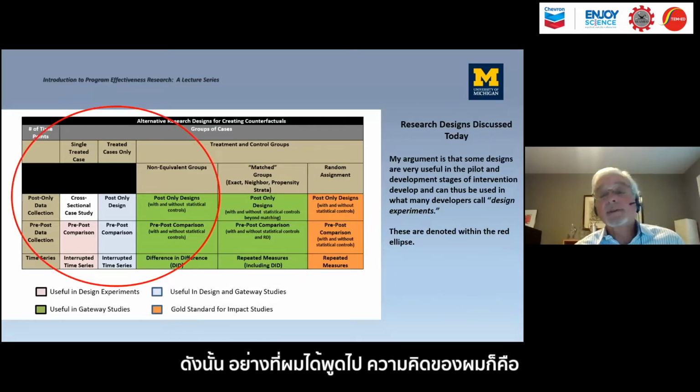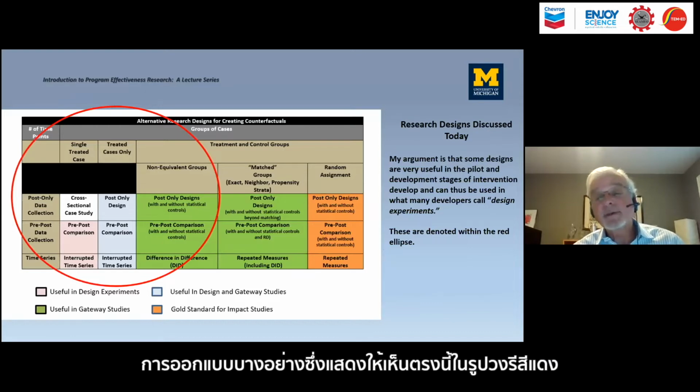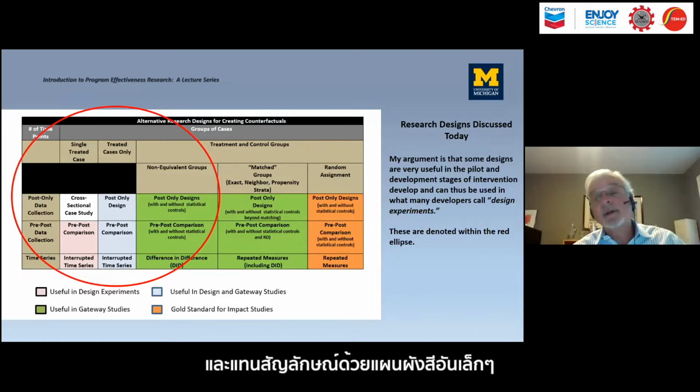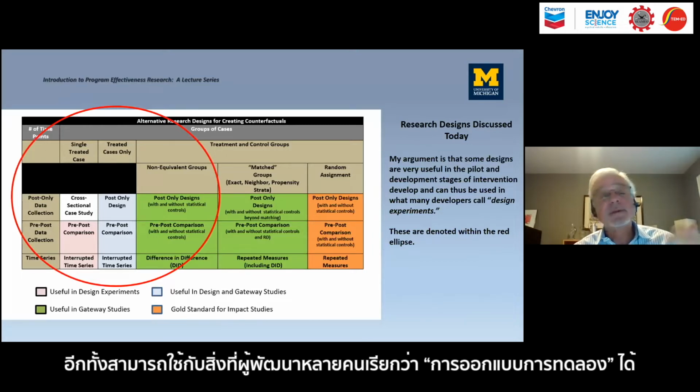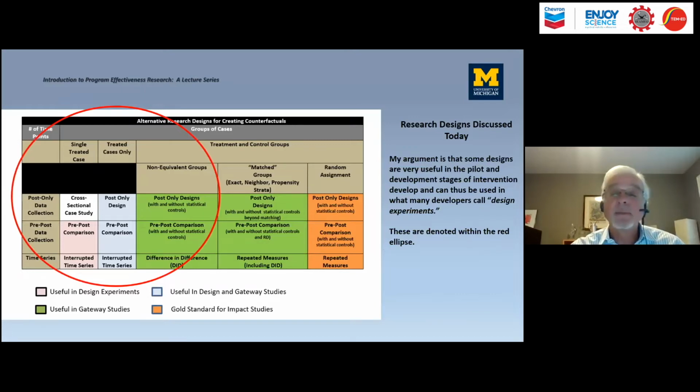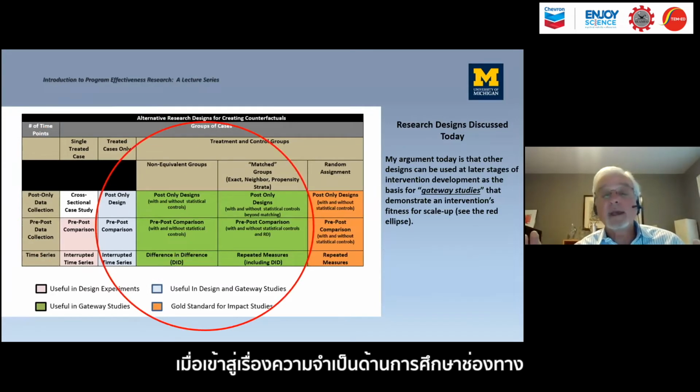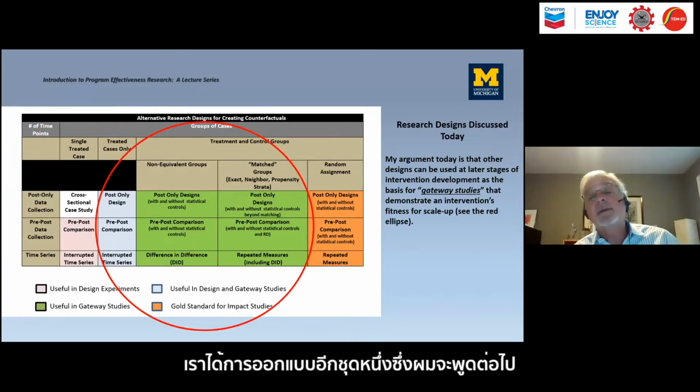So as I discuss it, my thinking is that some designs, which are shown here in the red ellipse and denoted by my little color scheme, are very useful in the pilot and development stages of intervention development and can be used in what many developers call design experiments. Then, as you move into the need for gateway studies, we get another set of designs, which I'm going to discuss.